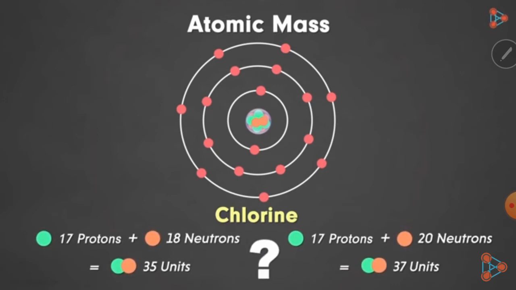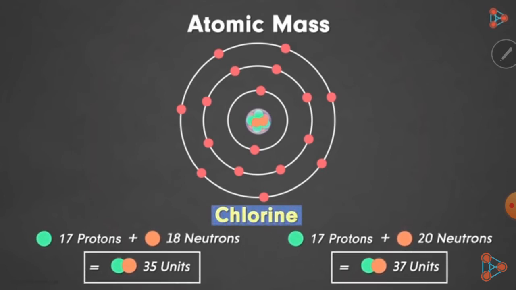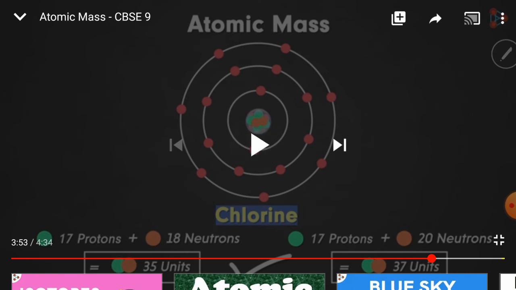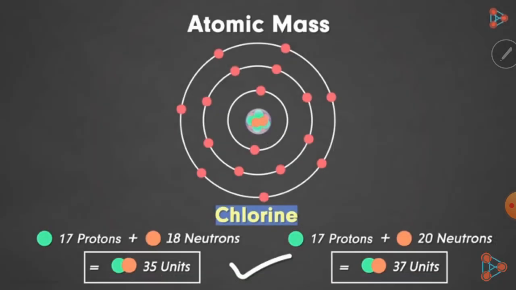So what is the mass number here? It is 37. Both are chlorine, you see? The same element can have some atoms with 35, some atoms with 37. Okay? That's it. This is very important in the isotopes.